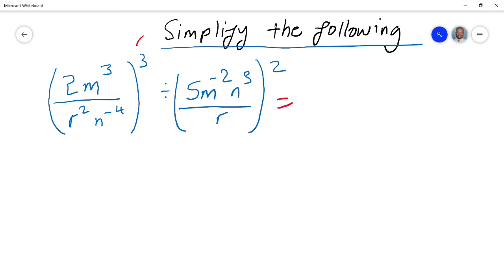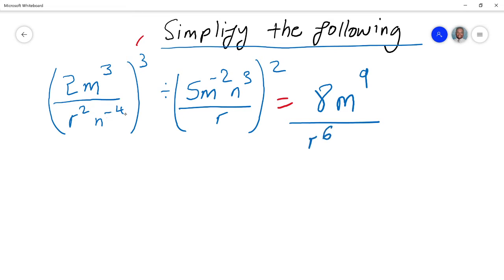We work out what's in the brackets. So 2m to the power 3, to the power 3: that's 2 to the power 3, which is 8. M to the power 3 to the power 3 is m to the power 3 times 3, which is 9. Over r squared to the power 3, which is 2 times 3, r to the power 6.